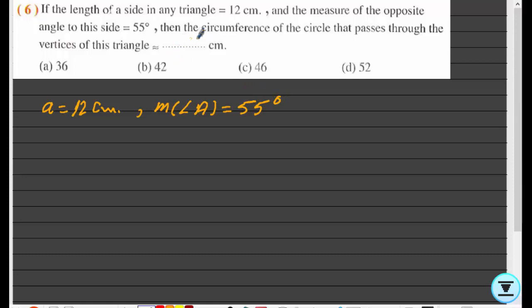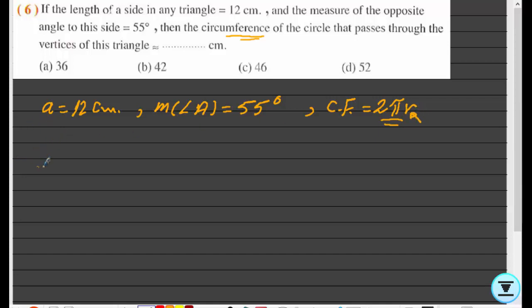Then the required is to calculate the circumference of the circle, and the circumference equals 2 pi r. So to calculate it, we must know the length of its radius here, r.